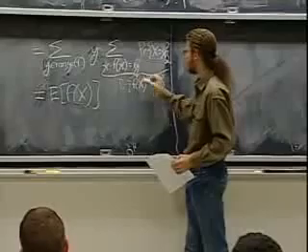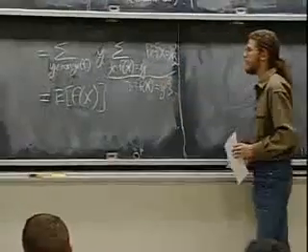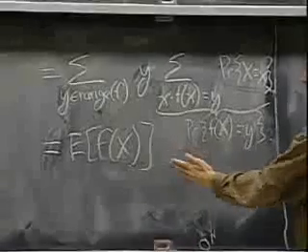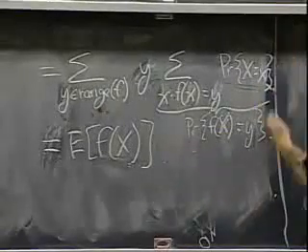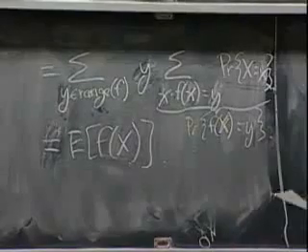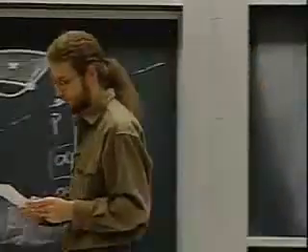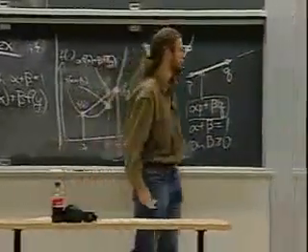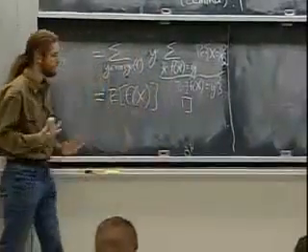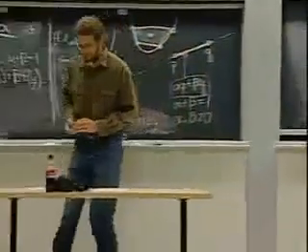This is capital X. This is little y. And then if I multiply that by y, I'm getting the expectation of f of X. So think about this. These two inequalities hold. It's maybe a bit bizarre here because these sums are potentially infinite. But it's true.